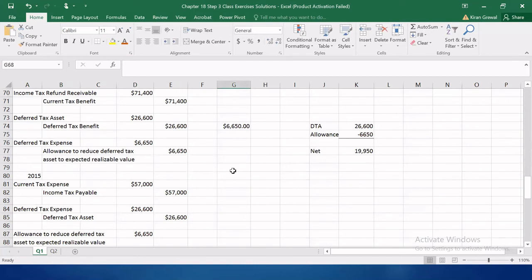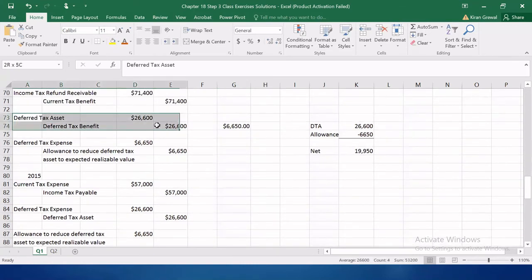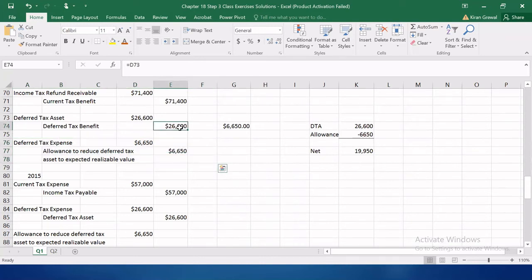And then 2015, so what happens in 2015, we've used up all of our asset. So we have to get rid of our asset, and we also would have to get rid of our allowance account, because we're not going to have an allowance account if we don't have an asset account anymore. So in 2015, because we've used all of the loss, we're going to get rid of this asset account, and we also are going to get rid of this allowance account because they work together.